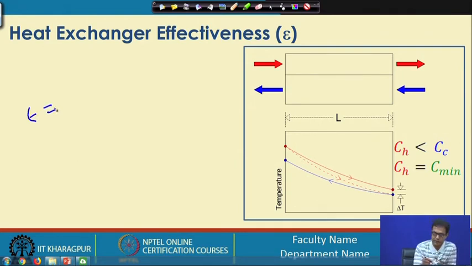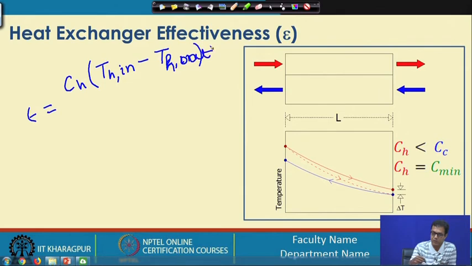In terms of C H, that will be C H multiplied by T H in minus T H out, divided by the minimum capacity fluid, C H, multiplied by T H in minus T C in.